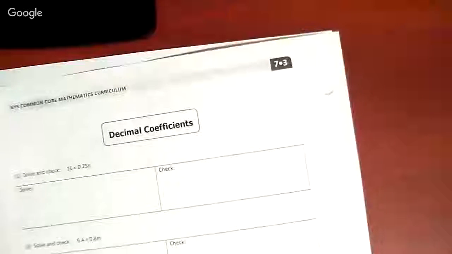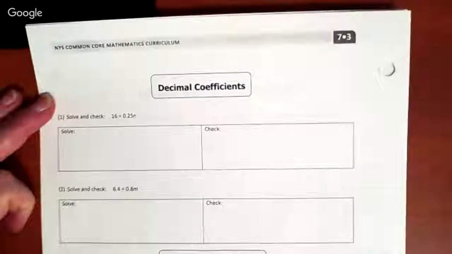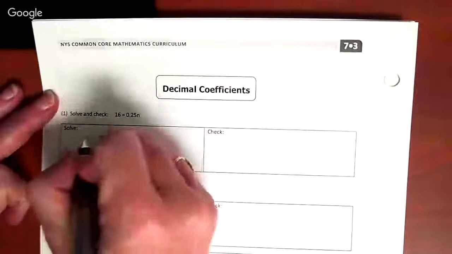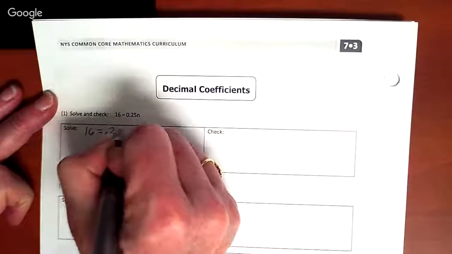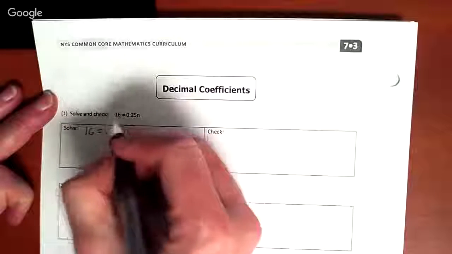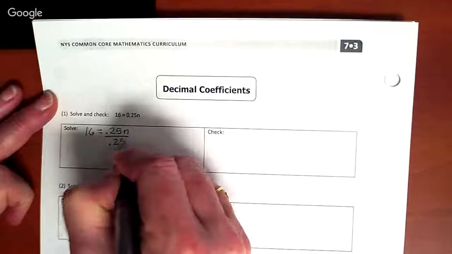Yay! All right. And last, we have a couple things here. We have decimal coefficients. So we have 16 equals 0.25n. So we are going to divide both sides by 0.25.